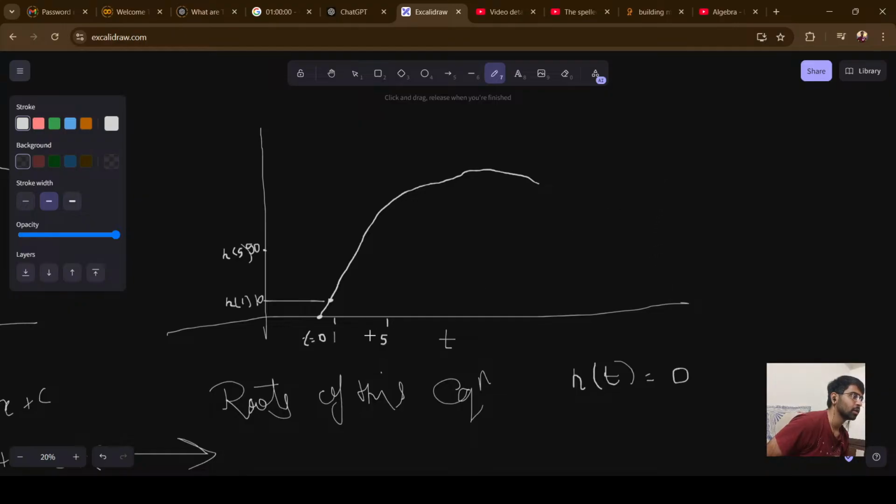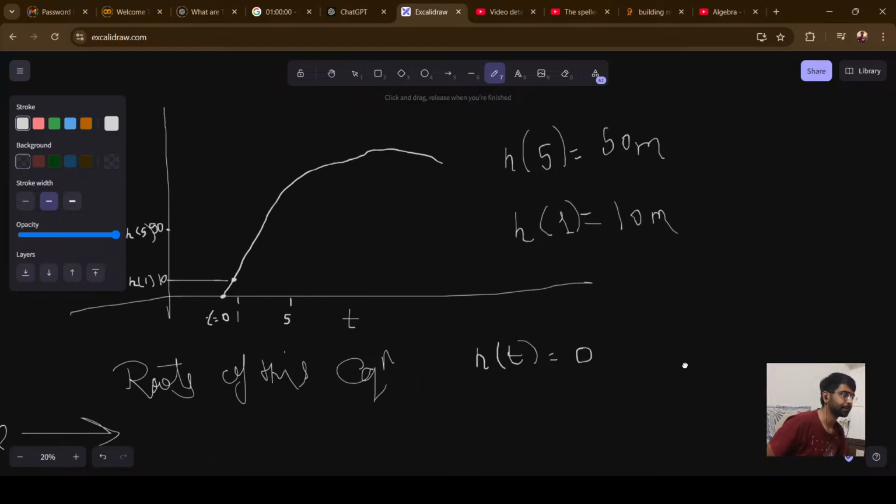So h of 5 means height at 5 seconds was 50 meters. That is, the ball after 5 seconds reached the height of 50 meters. H of 1 means that after 1 second the ball reached the height of 10 meters, right?